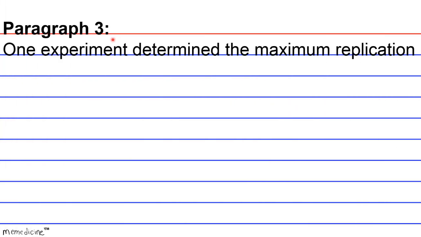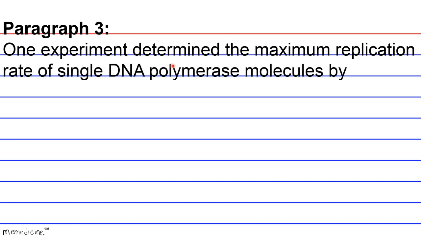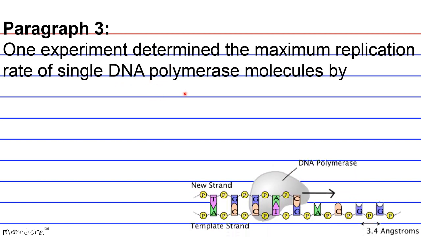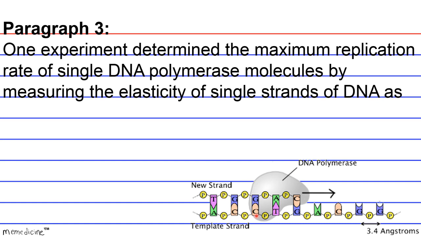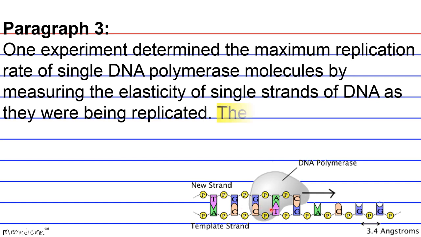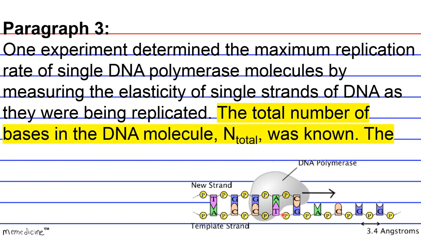Paragraph 3. One experiment determined the maximum replication rate of single DNA polymerase molecules by measuring the elasticity of single strands of DNA as they were being replicated. The total number of bases in the DNA molecule, denoted N total, was known.